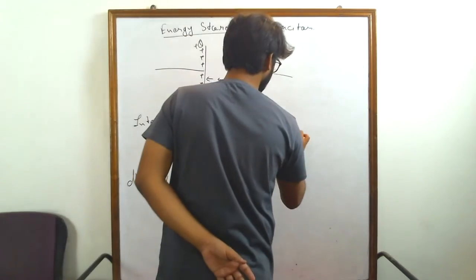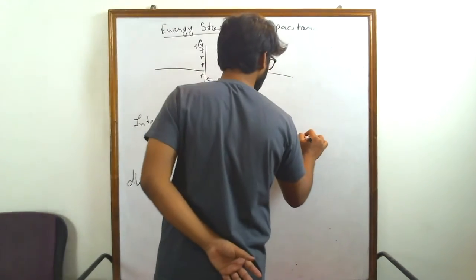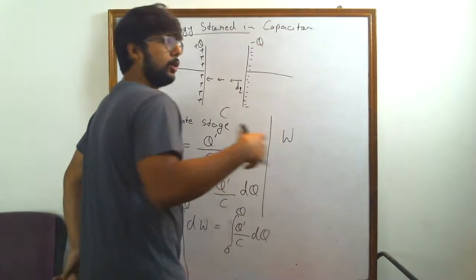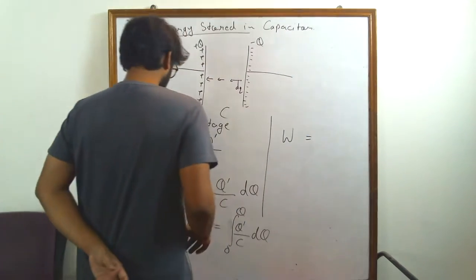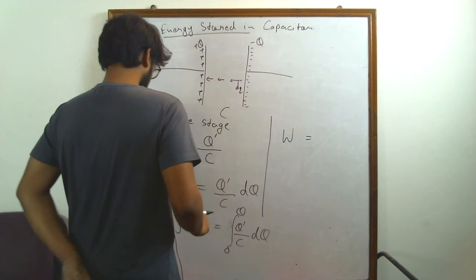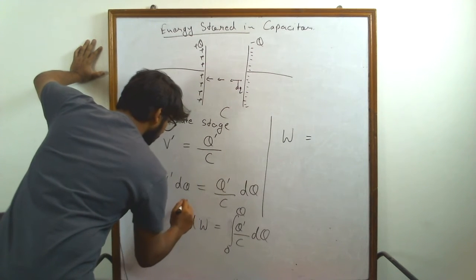When I solve it, I get W over here, W at Q minus W at 0. W at 0, or the work done at 0, is obviously 0, so I am not writing it. Okay, sorry, my bad. This will be dW.